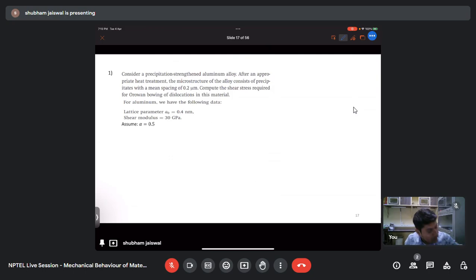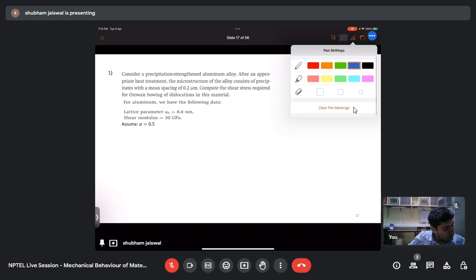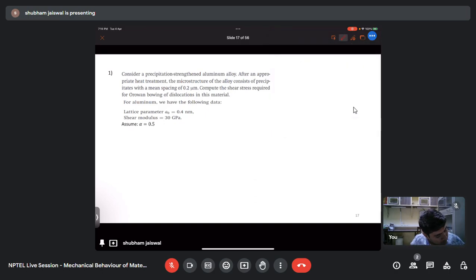Okay, so let me write down what has been given and what they have asked us to calculate. They said that the precipitates are there and they are at a distance of lambda equal to 0.2 micrometer.